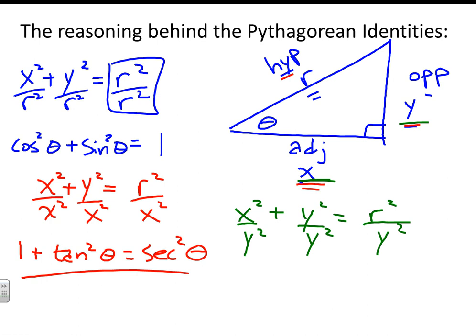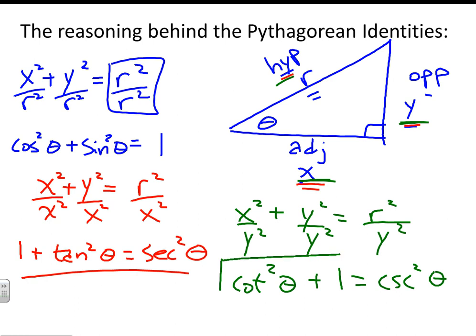So the reciprocal of that, cotangent squared of theta, plus y squared on y squared, 1, equals r, or hypotenuse on y, opposite. Hypotenuse on opposite. Well, SohCahToa, S-O-H, opposite on hypotenuse is sine. I need the reciprocal of sine. Cosecant squared theta.